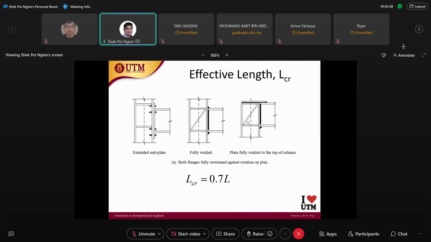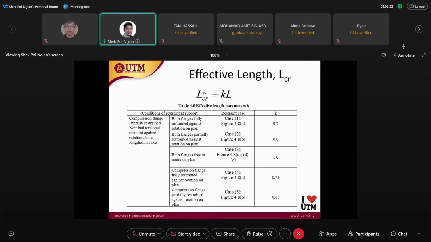Your LCR is given by KL. K is the effective length factor, and depends on your connection. L is the original length of your beam. So you have to multiply your beam length with the effective length factor, from 0.7 up to 1.